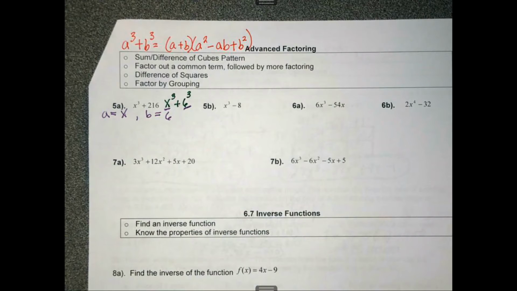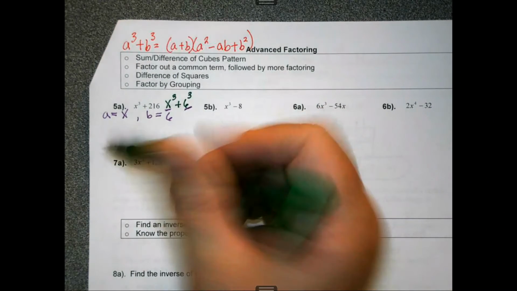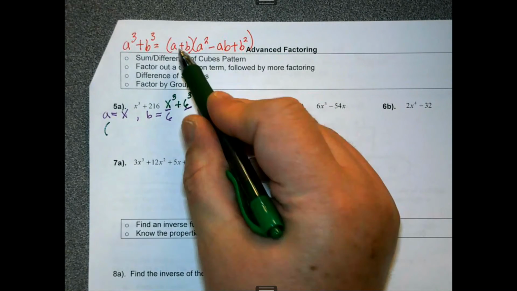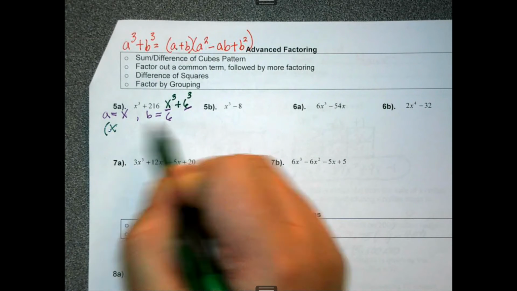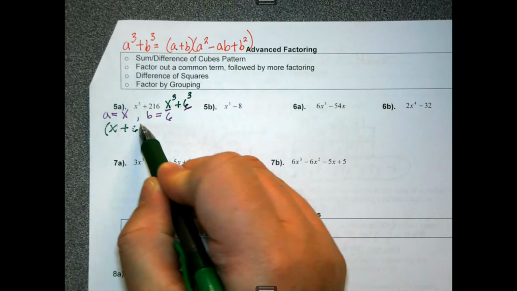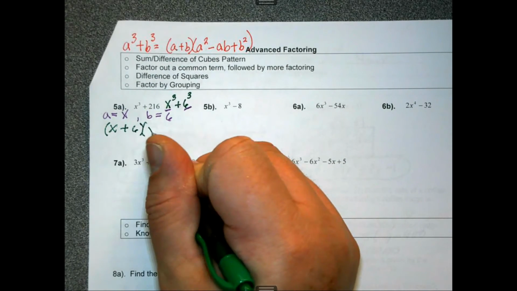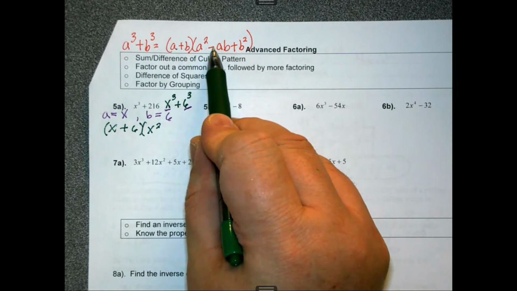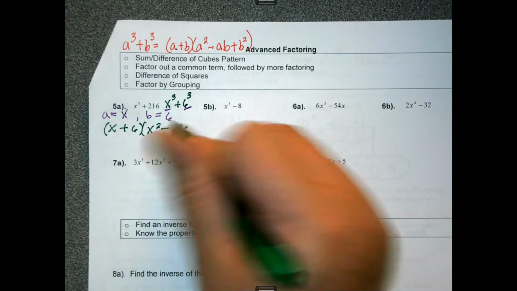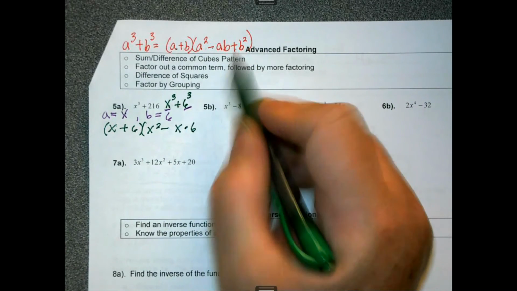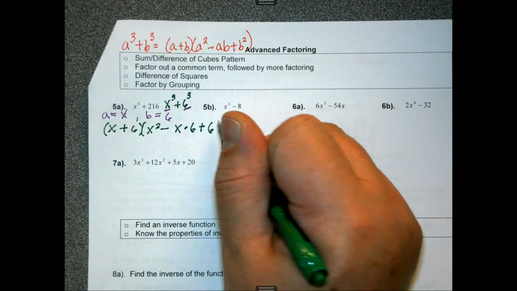So I'm just going to plug it into my factors here, right? a plus b: a, which is x, plus b, which is 6. And I have a squared, so x squared, minus a times b, which is 6, plus b, which is 6, squared.